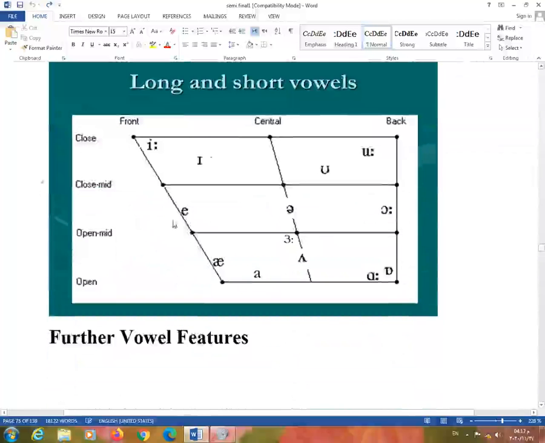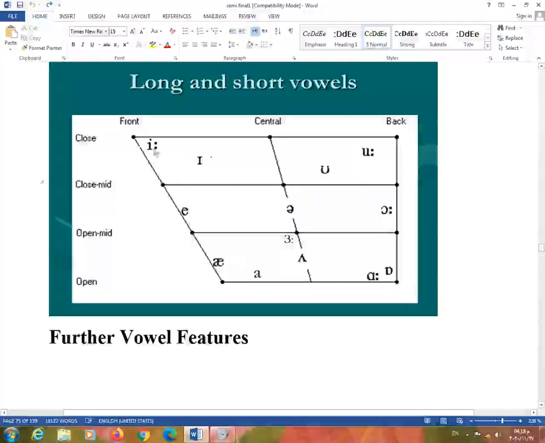Okay, and here is the position of these vowels, whether long or short, inside our mouth. This is a vowel chart, which is a map of our mouth from the inside, and this illustrates where exactly we pronounce each vowel.